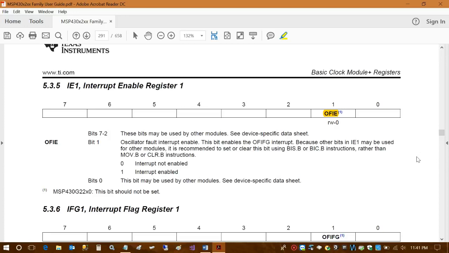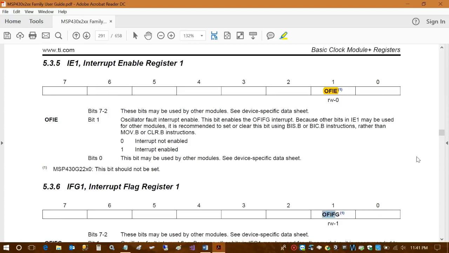So if there is any kind of oscillator fault, then OFIFG, that is this one, will become high. By default, OFIFG will become high, and once OFIFG becomes high, OFIE becomes high.